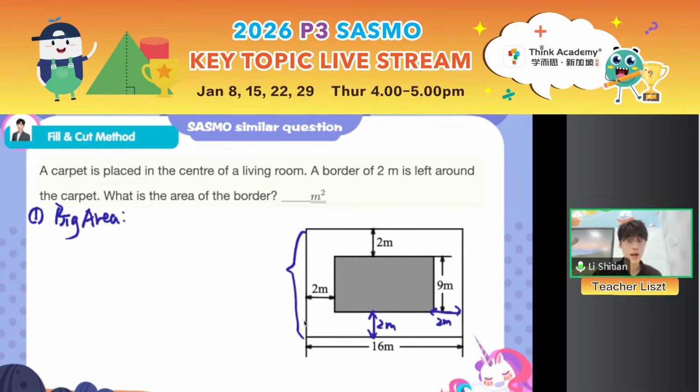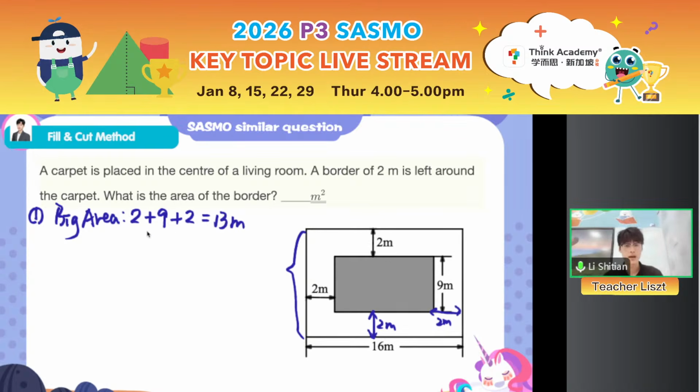Of course, we only need to use 2 plus 9, then plus 2, which is equal to 13 meters, okay?